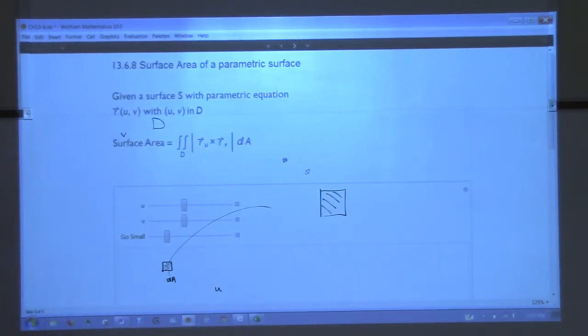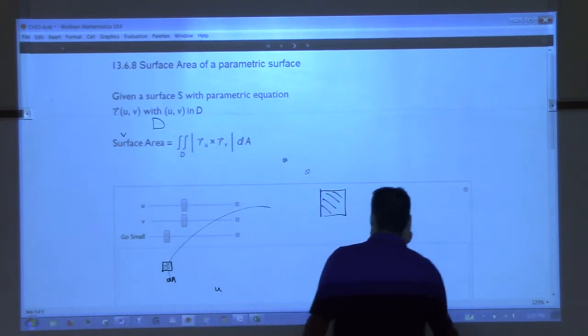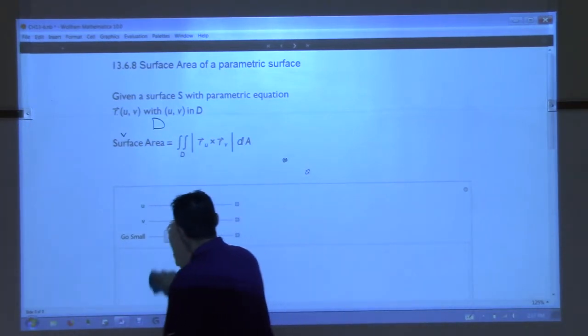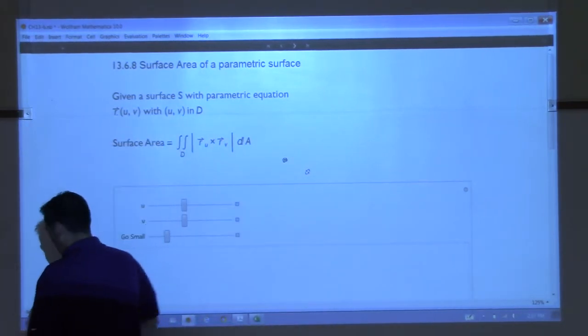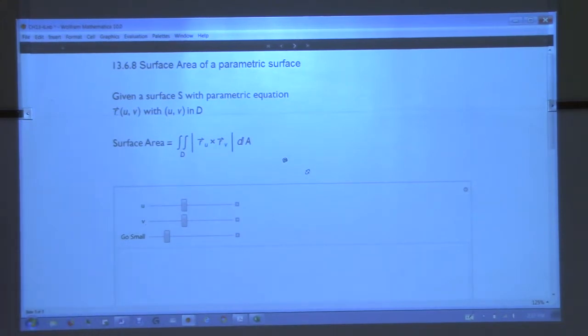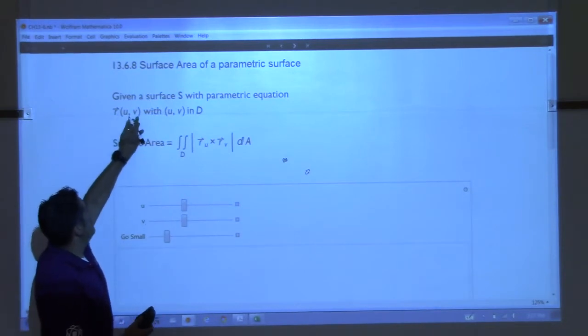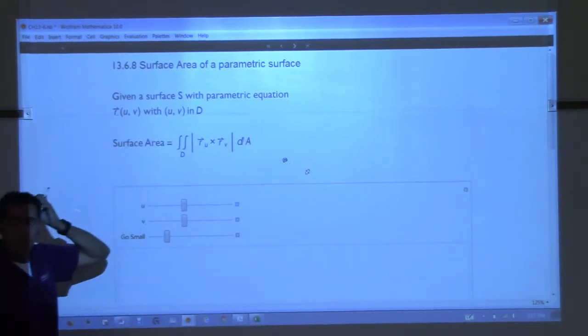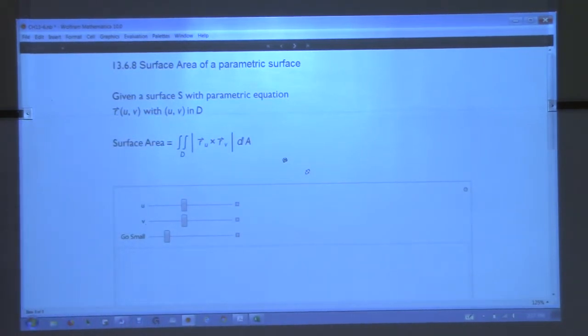So this is our formula. This is our big formula for this surface area. Look, this formula allows you to find the surface area of anything. As long as you can draw it with a vector function, and you have some restriction on D, you can find the surface area of any surface.